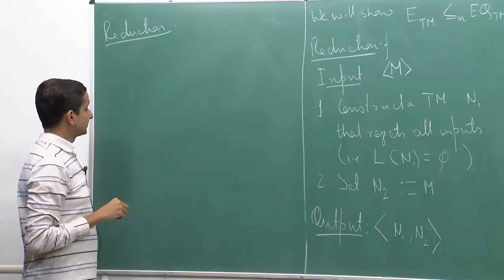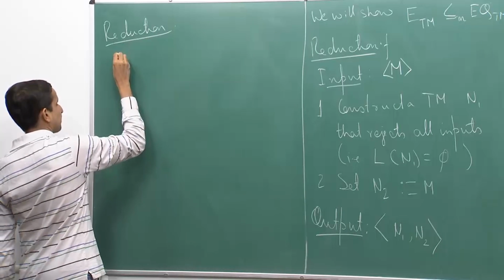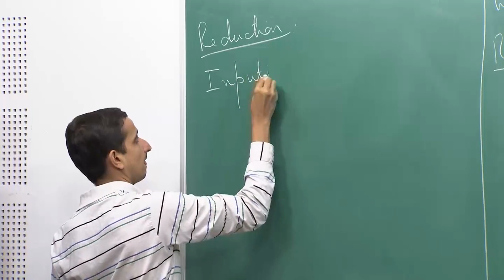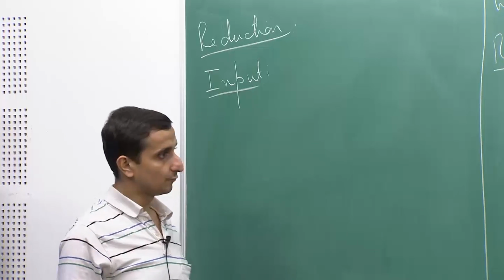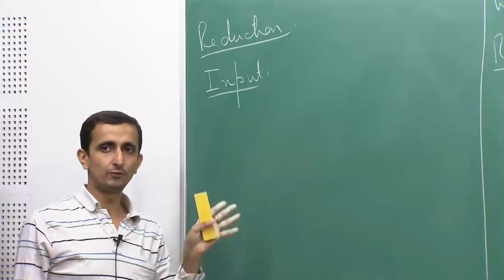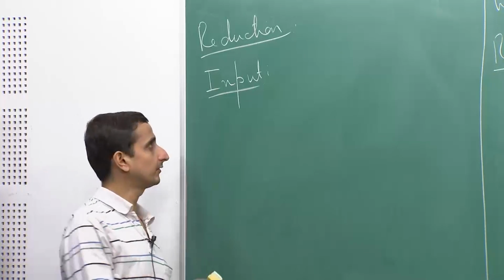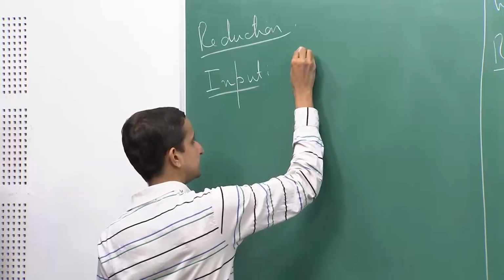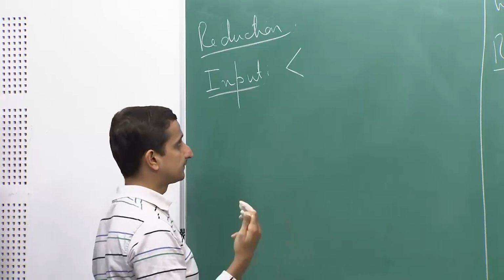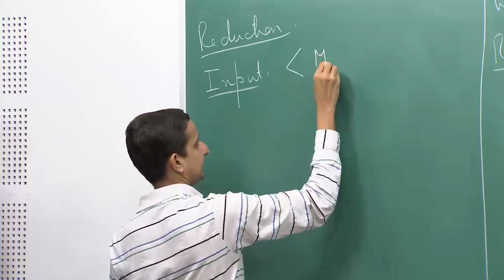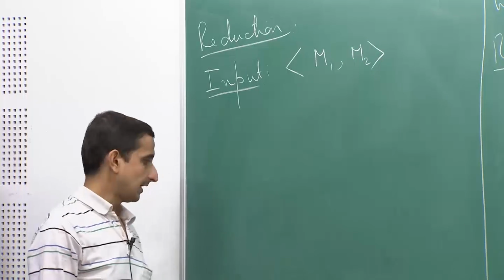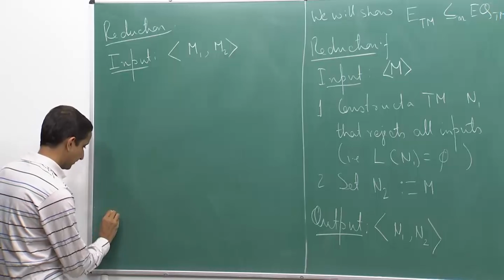We construct a function f that takes as input an instance of EQTM, since we want to reduce EQTM to CONTM. An instance of EQTM is an encoding of 2 Turing machines. So, let us say I take the machines M1 and M2 as input, and what I want to output, let me write it down.